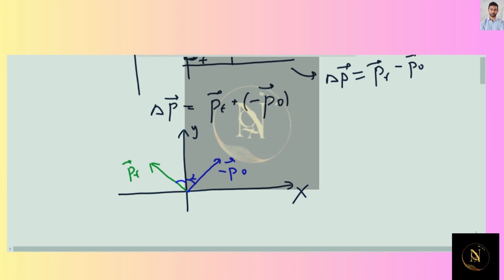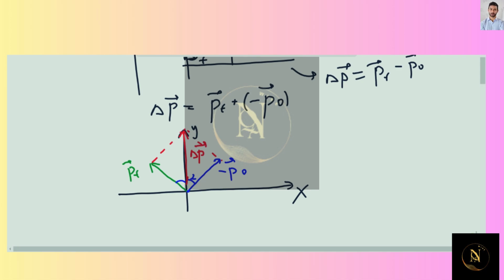The sum of these two vectors can be found from the parallelogram law. So I'm going to use a different color. It basically equals this vector. So this is delta P.